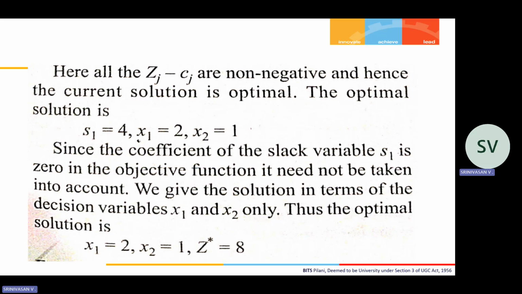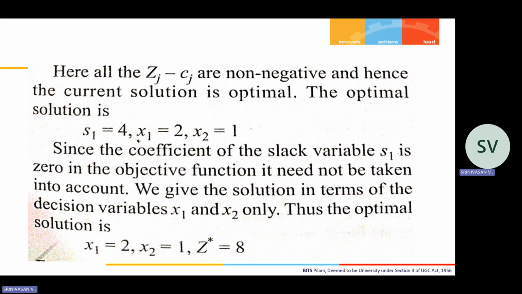They may appear in the table, but they will not help to get the value of Z. You need to depend only on the decision variables' values. We give the solution in terms of the decision variables x1 and x2 only. Thus, the optimal solution is x1 equal to 2, x2 equal to 1.